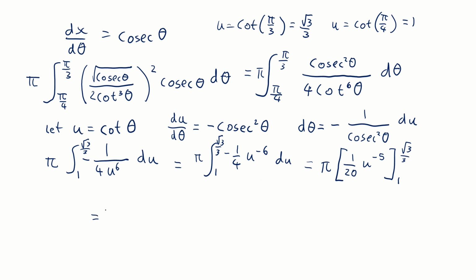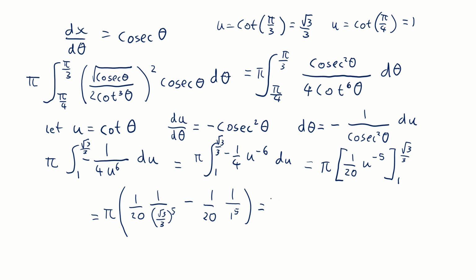Now, if we go ahead and do that, it doesn't look particularly nice at first. We've got 1 over 20, lots of 1 over root 3 over 3 to the power of 5, take away 1 over 20, lots of 1 over 1 to the power of 5. That doesn't look particularly nice, but you can then just evaluate it.